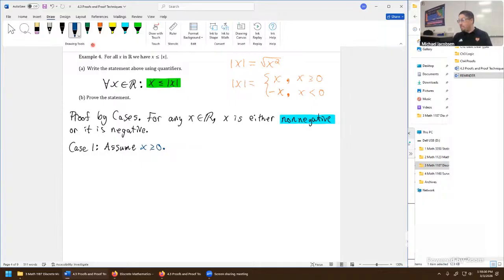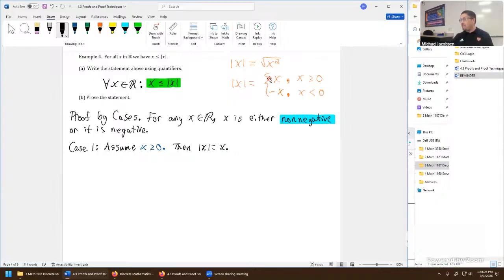I think that's a better way to start. So we've assumed the non-negativity there. We now need to prove this inequality. But it's not too bad, because the moment we made this assumption, x is bigger than or equal to 0, we can say, then absolute value of x, see the piecewise function, is equal to just x.